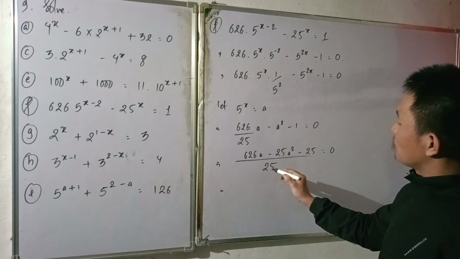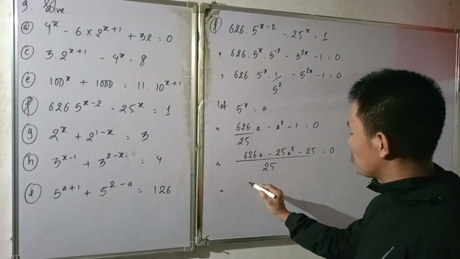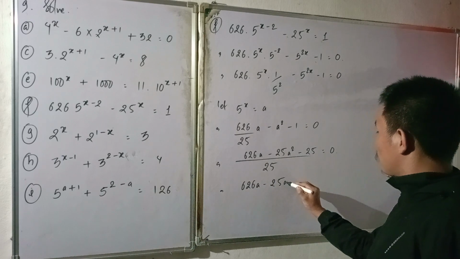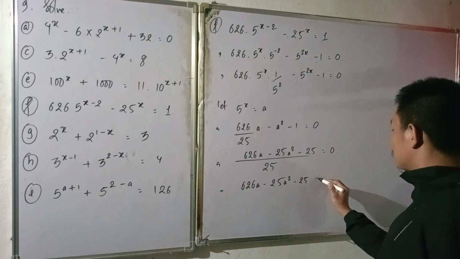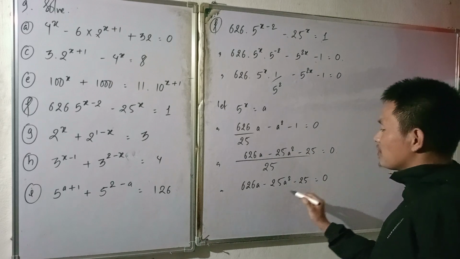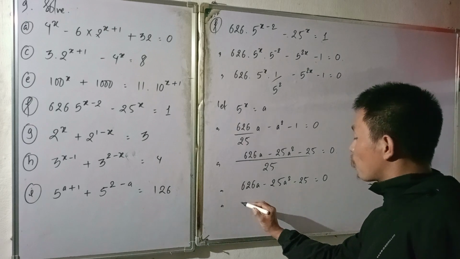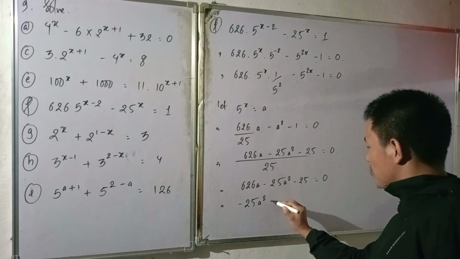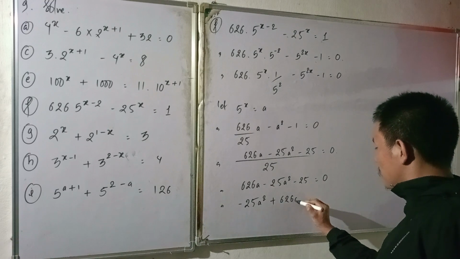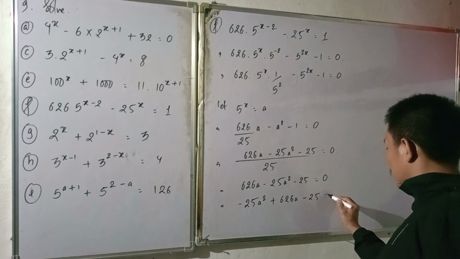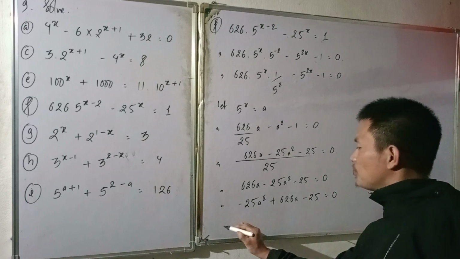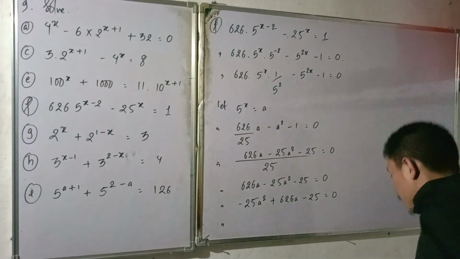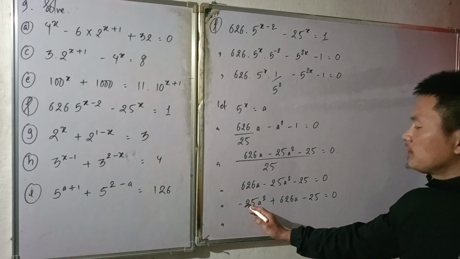Now the 25 times 0, it will be 0. It will just disappear with 0. Now try to bring this into the proper form of a quadratic equation, which is minus 25a squared plus 626a minus 25. It will be easy for you to simplify if you make the first term positive.